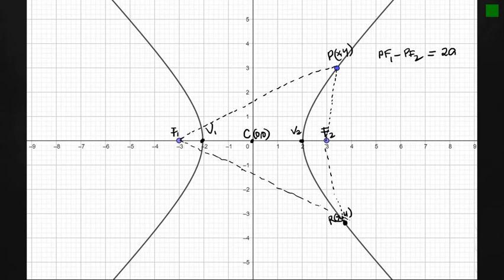Because R is on the hyperbola, R to f sub 1 minus R to f sub 2 is also equal to the same constant, 2a. And all the rest of the points that we can find here in our hyperbola have the same difference of its segments when connected to the two foci. So that's how a hyperbola is defined.